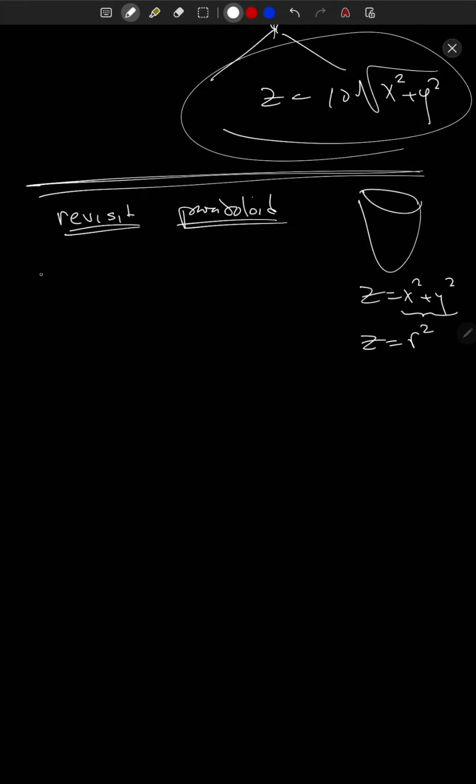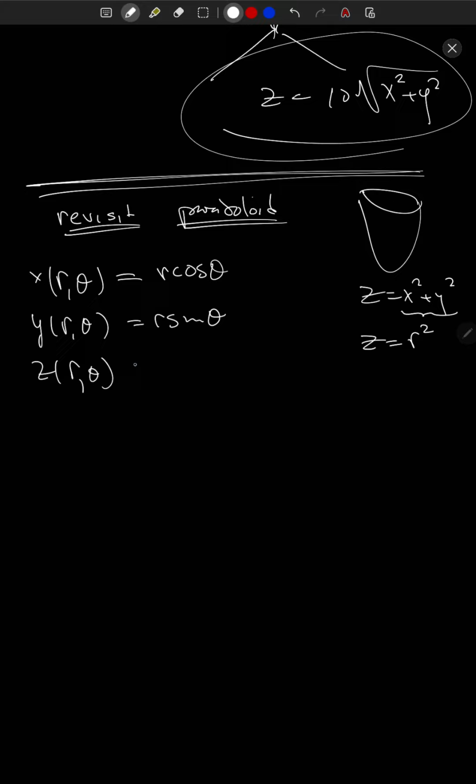So we could do an alternative parameterization based on r and theta: x of r and theta, y of r and theta, z of r and theta, equal to r cos theta, r sine theta, and z equals r squared.